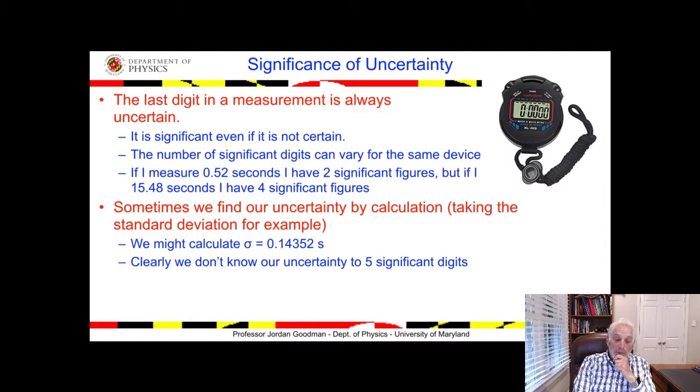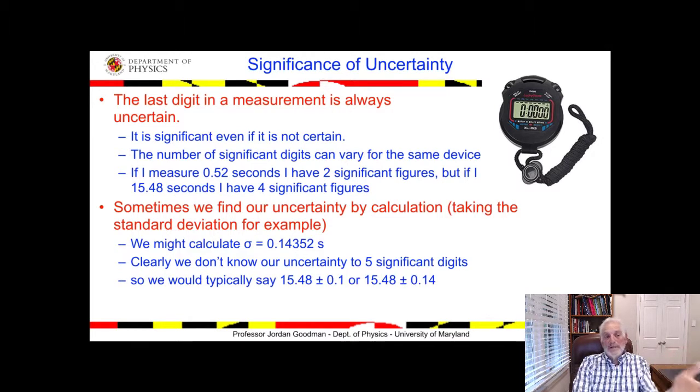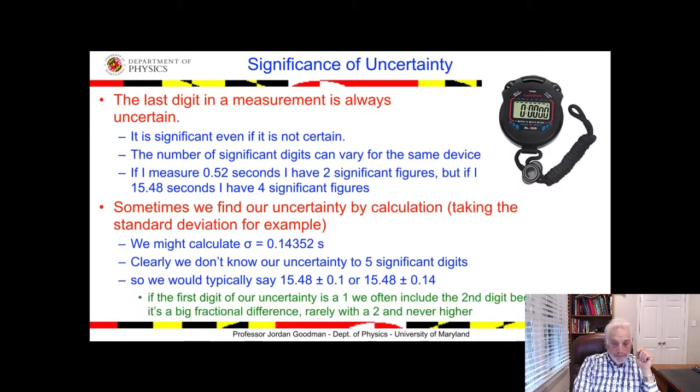So in this case, we would write our time, let's say the 15.48, as plus or minus 0.1 second, or, because of the special case which I'll tell you about, 15.48 plus or minus 0.14. Now, why would I include the 0.14?